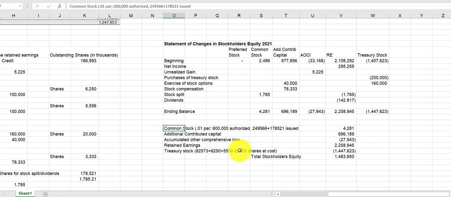When we're talking about outstanding shares, when we buy them, it makes it go down, and when we sell them, it makes it go up. So remember that differential. And then our total stockholders' equity on the balance sheet would be disclosed here. So that would be how it should work through the whole process and practice there.